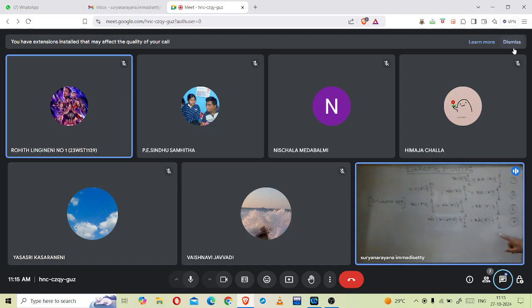So to find the definite integral value of integral a to b f of x dx, we can write, in the place of x, lower limit plus upper limit, a plus b, minus x. Here a means the lower limit and b means the upper limit. In the place of x in the function, we can use this property. Okay, this is another property.